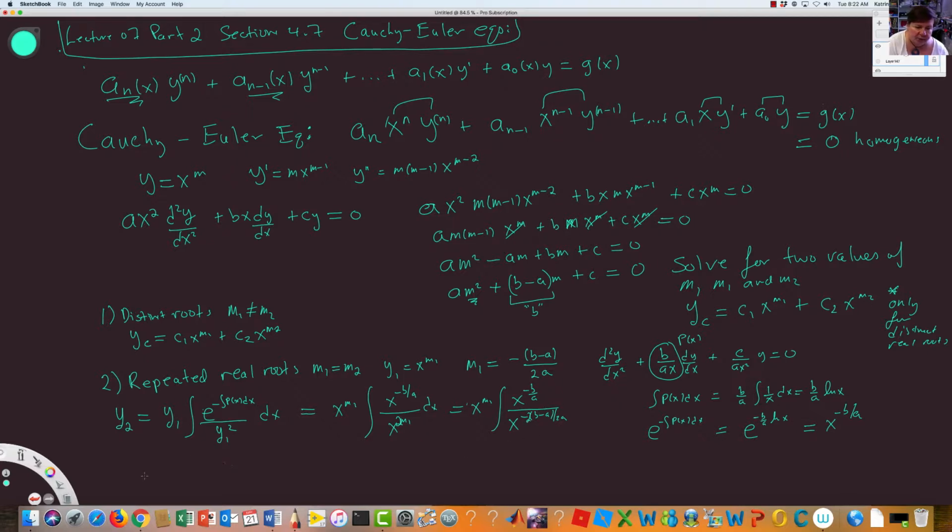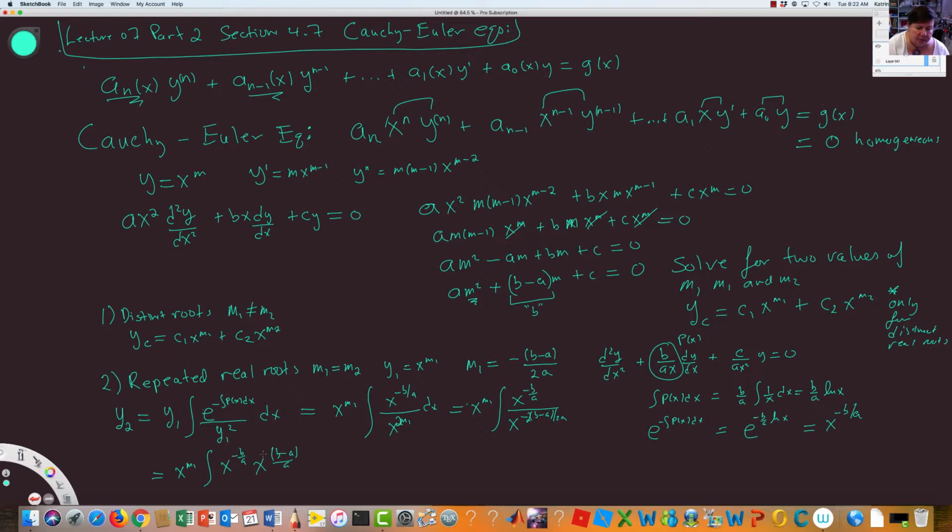And so when we come down here, we have x to the m1, and then we have the integral of x to the minus b over a. And then this is the minus, so I can bring it up here, and the 2s cancel, by the way. And so I get times x to the b minus a over a.